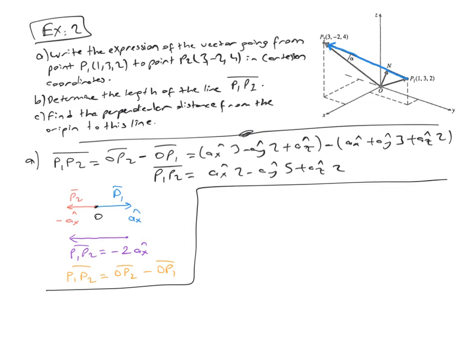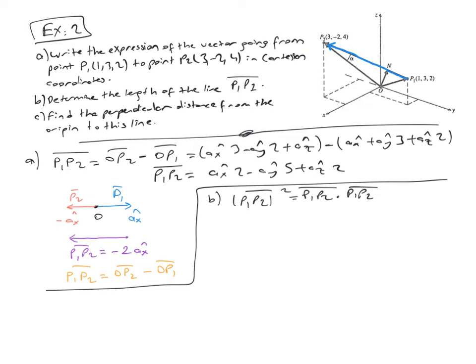And in part B, we're asked to find the magnitude of vector P1P2. In order to find the magnitude of a vector, we use this equation. We know how to use this equation since we used it in the first example.